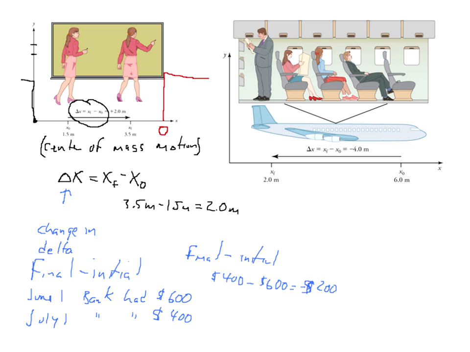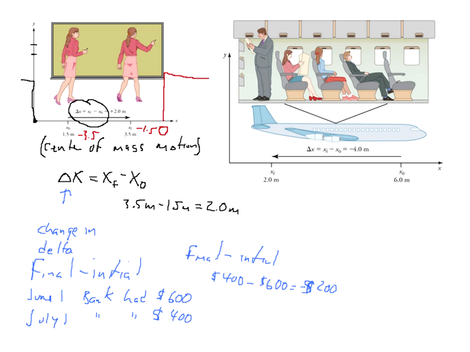So that looks like about 1.5, but it's to the left of 0, so that's negative 1.5. This over here would then be negative 3.5. So let's see if that x final minus x initial still works.